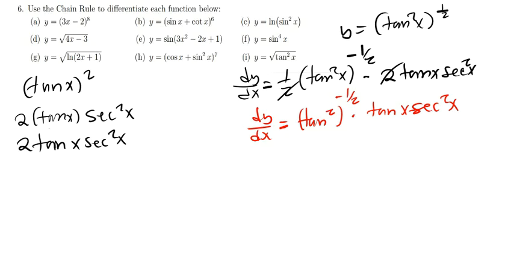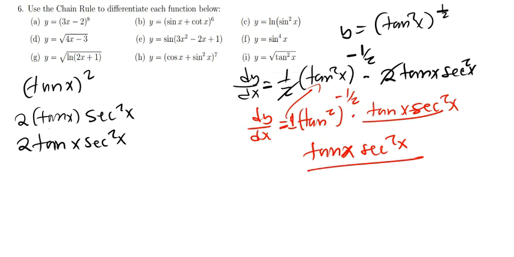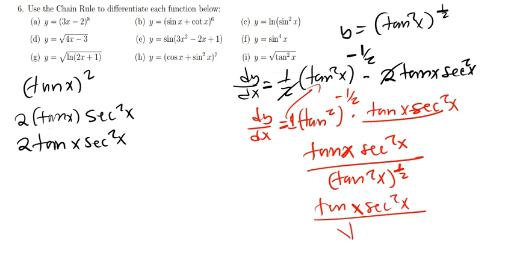So now the one which is here, you can shift it to be on top, this one comes down, so it's going to be tan x sec squared x divided by, because this has got the power negative, meaning it is on the denominator, okay, so tan squared x raised to the power half, negative has gone. Now you know that we can still modify it and say that is the same as the square root of tan squared x, and that becomes my final answer. That is it for question 6.